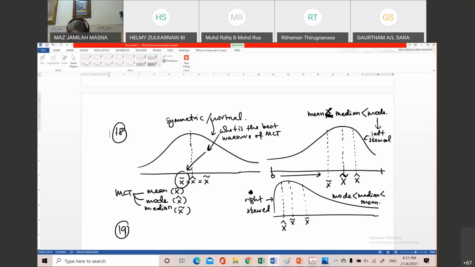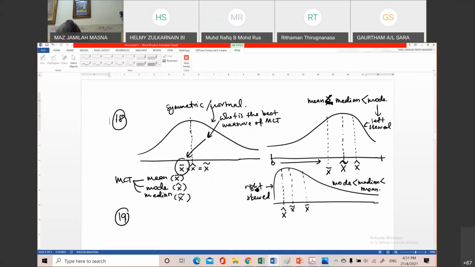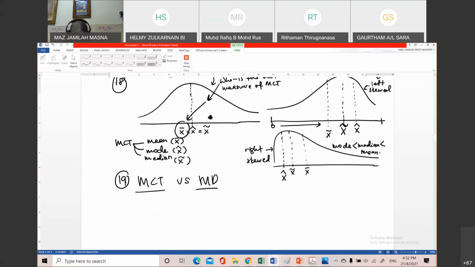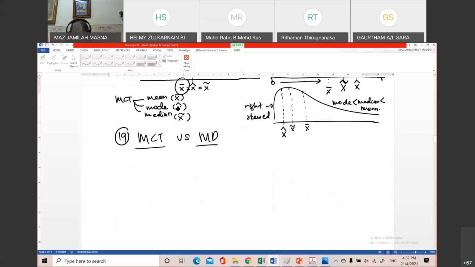Okay, what is the difference, class? Measure of MCT and MD. Class, this is very simple. Can you give me your answer? One of you, please. Explain the difference between them.